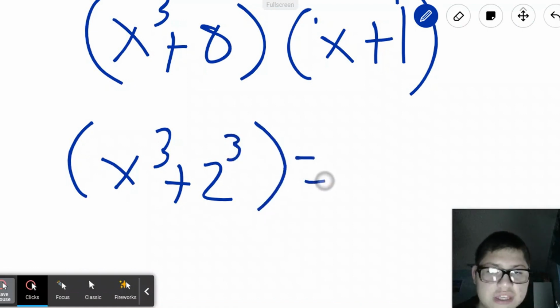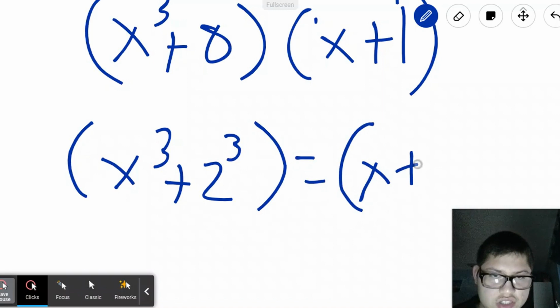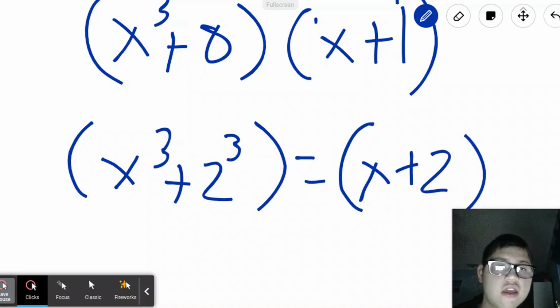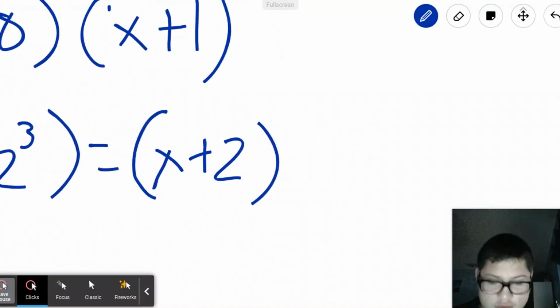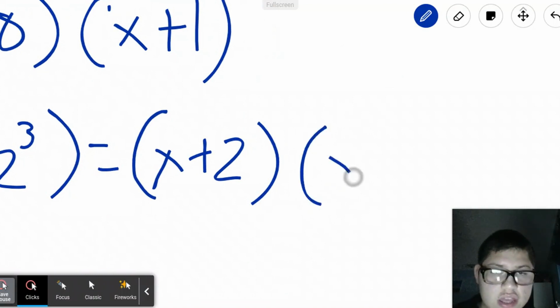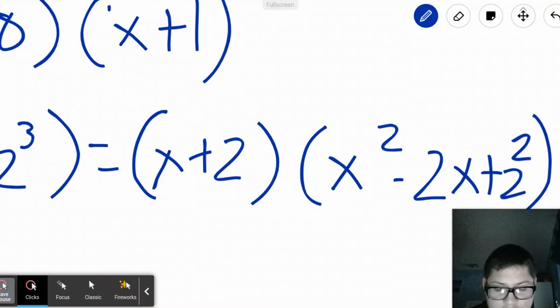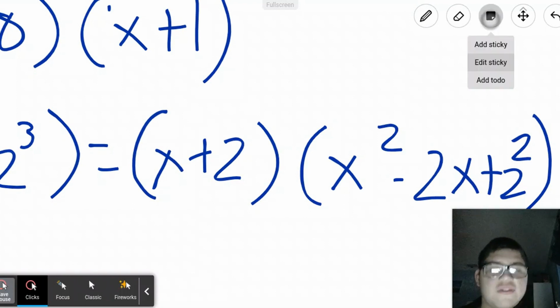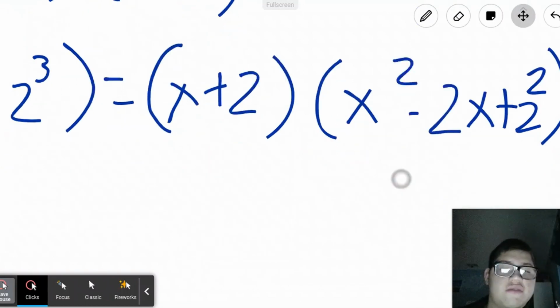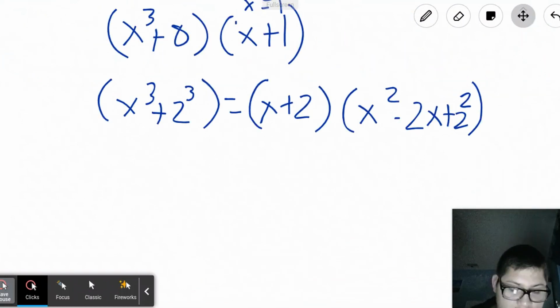And this would have to be x plus 2 and x squared minus 2x plus 2, 2. So we would have that, and we would have to make it into the format of a cubed plus b cubed equals (a plus b)(a squared minus ab plus b squared). So we would have that.